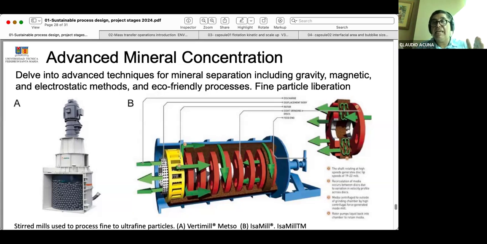In a SAG mill you have impact and it breaks because of the cracks, and when you go to fine particle size, you are tearing apart a more homogeneous structure. You need to keep in mind, and I think Luis Vinet will show you, the relationship of the K value, the velocity of comminution, the kinetics, against size. You need to have that in mind.